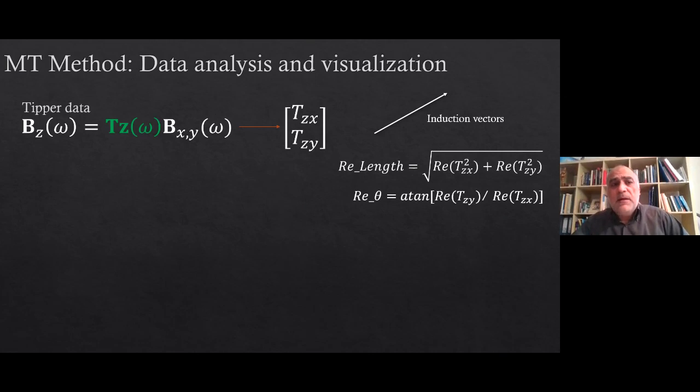These data types are really very important, and they can tell you a little bit about the subsurface without doing any kind of modeling of the data. And we will see some real examples and show the value of the induction vectors.